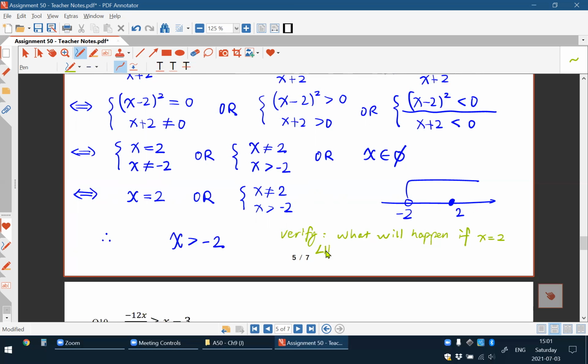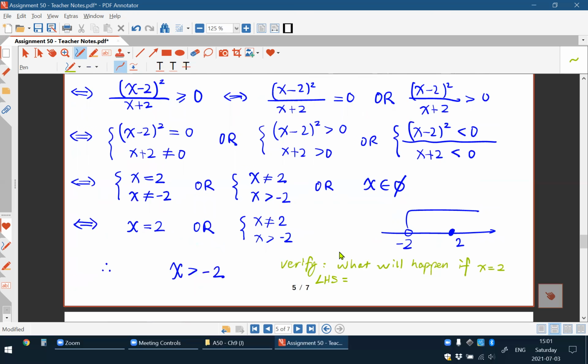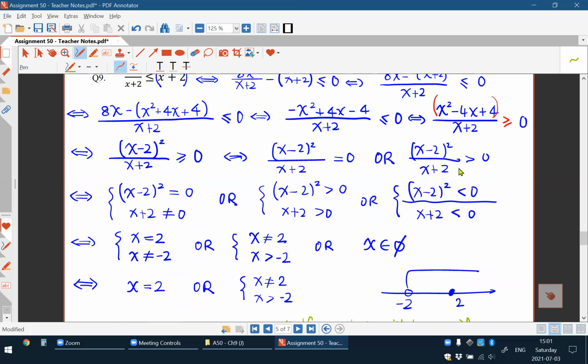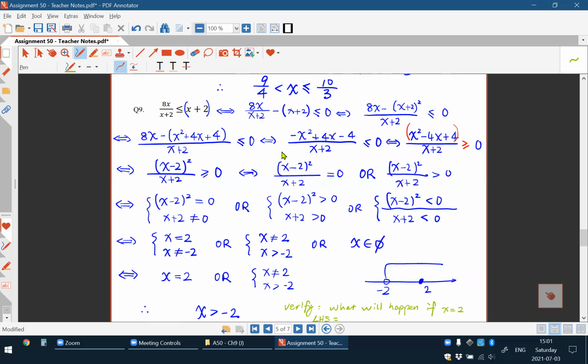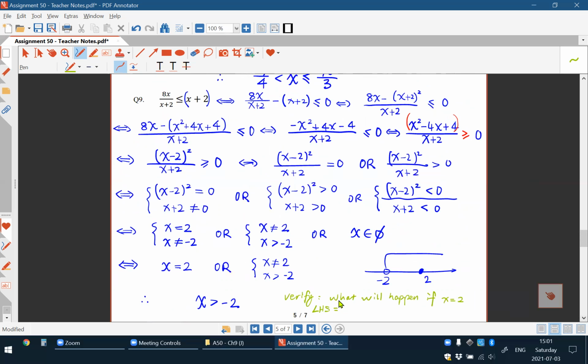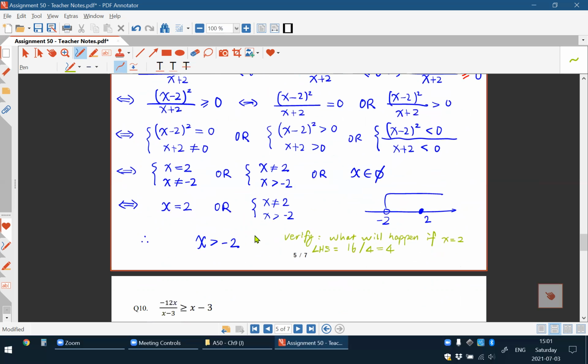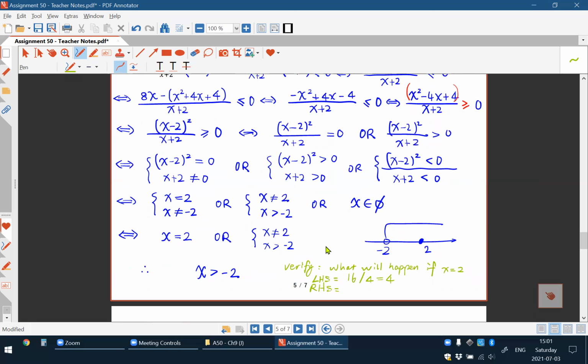When x is 2, let's check the original inequality. When x is 2, the left-hand side is 16/4, which is 4, right? And the right-hand side is x plus 2. X plus 2 is 2 plus 2, which is also 4.